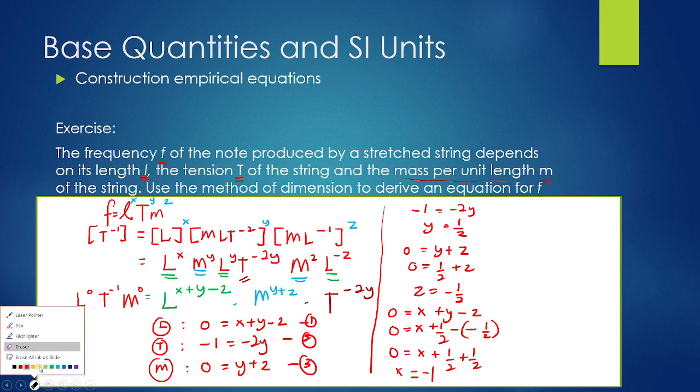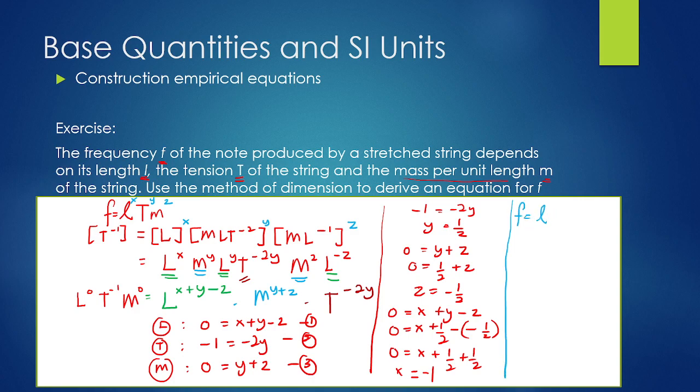Now you find out that F equals to L, the x is negative 1, T is y is 1 over 2, and M is z is negative 1 over 2.